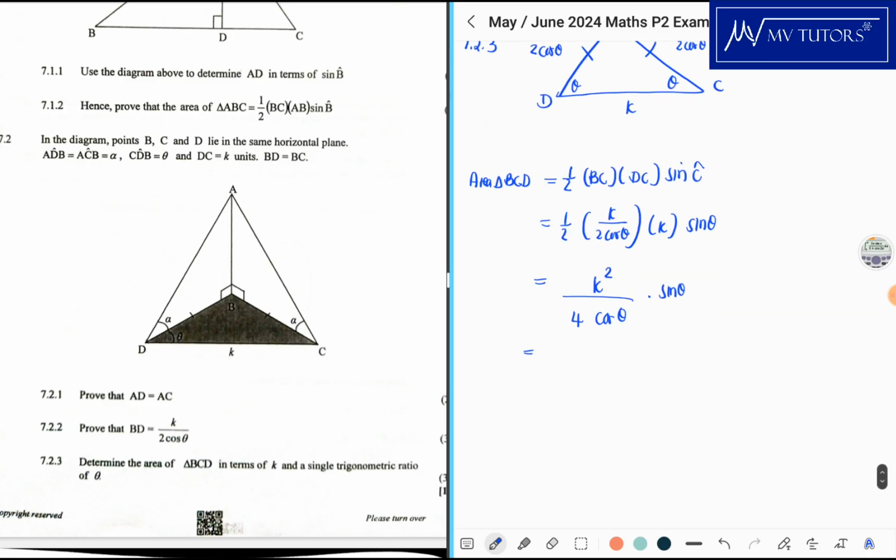So if I take this cos over here and leave 4 underneath, I'm left with K squared over 4, and sine over cos just gives me tan. So I have tan theta. So my answer is K squared over 4 tan theta. And that is it for question 7.